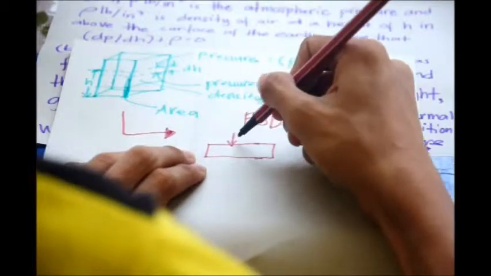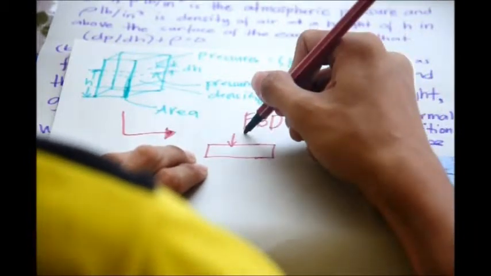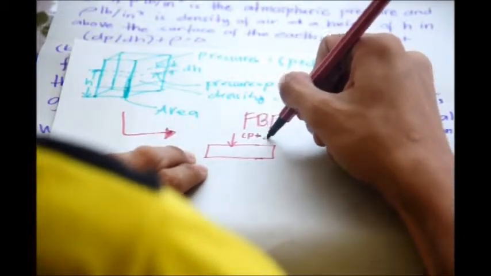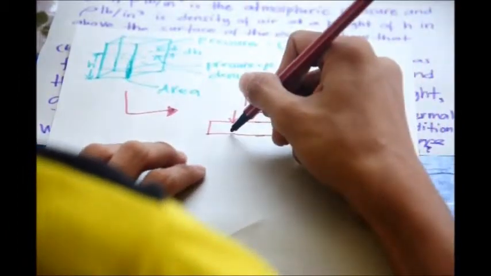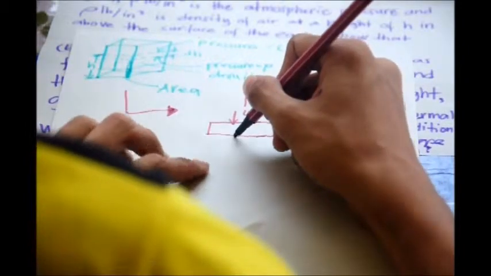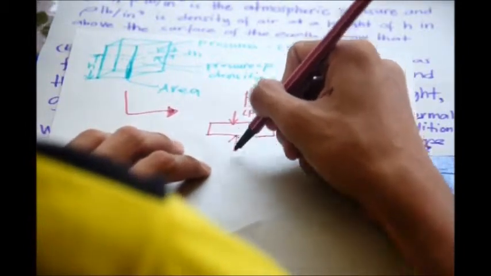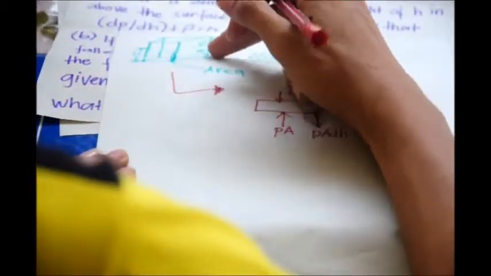this is for the free body diagram, that would be the pressure P plus dP, and the pressure with respect to area going upward, pressure is going downward. So consider the figure.